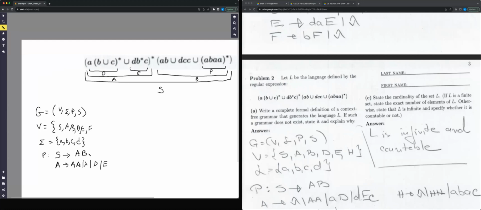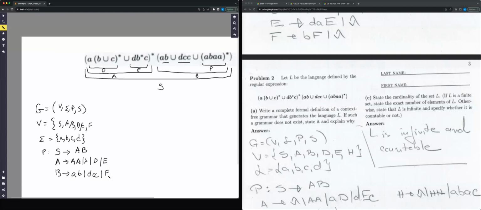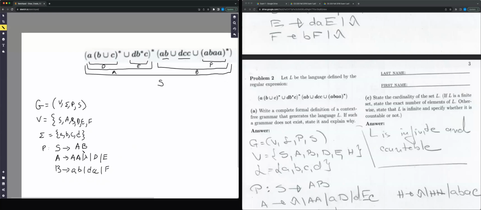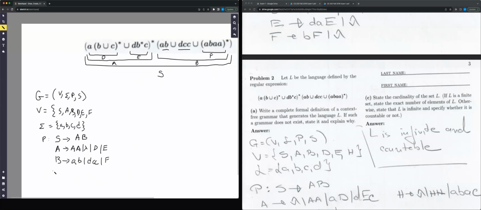And then let's define B. B says, well, either I'm picking AB, or I'm picking DCC, or I'm picking F. F is this whole thing where we need a helper variable for it. So let's say AB or DCC or F. Okay. Let's define E. E has a problem, right?